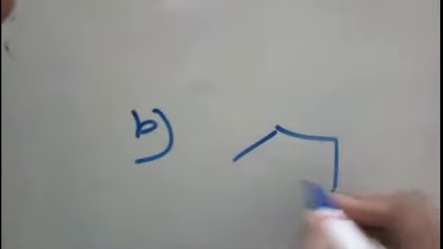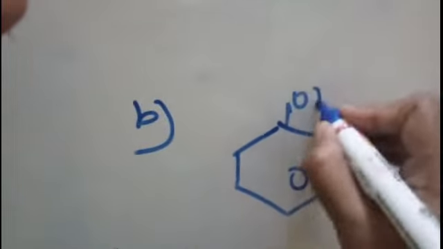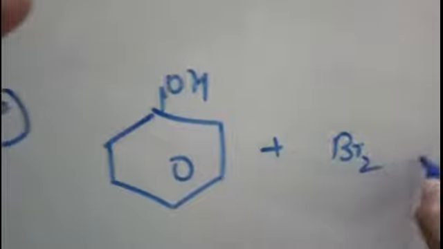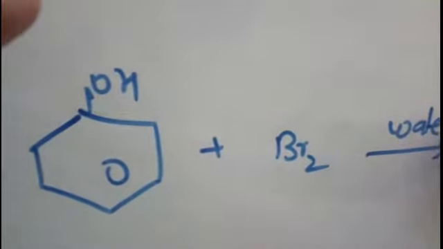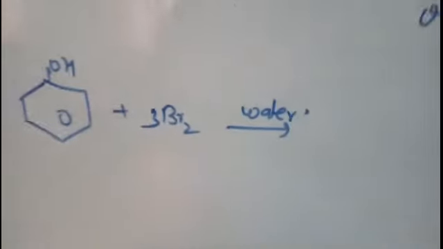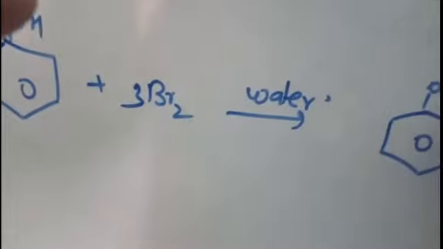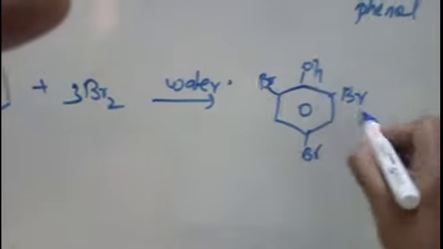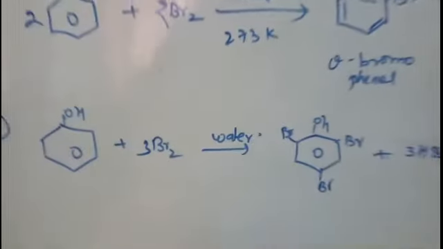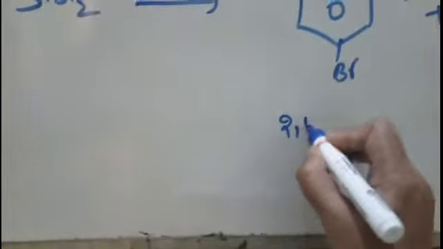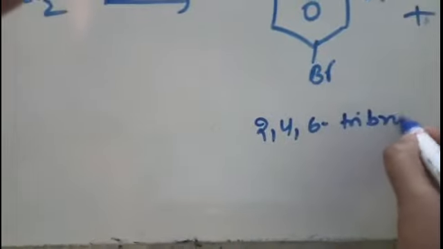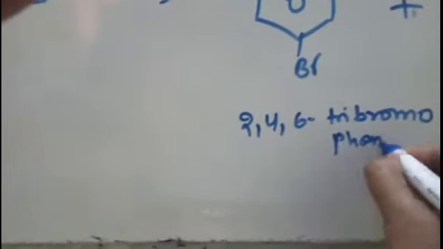Now if the bromination is carried out in the presence of water, then again at all the 3 places the bromine will be substituted, not added, substituted, and you will get 2,4,6-tribromophenol.